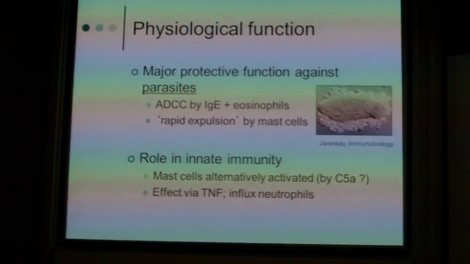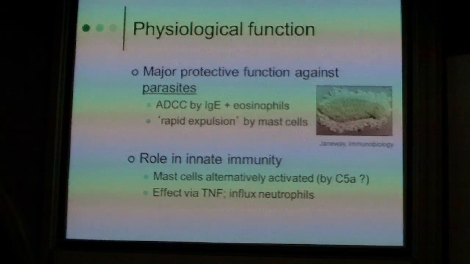But it is important that if IgE is present on a certain parasite, then there is the possibility that eosinophils attack it. This is a larva of a parasite, and you can see here many eosinophils sitting on top of the larva. They're trying to attack the larva, and they do that because the larva is expressing the IgE.